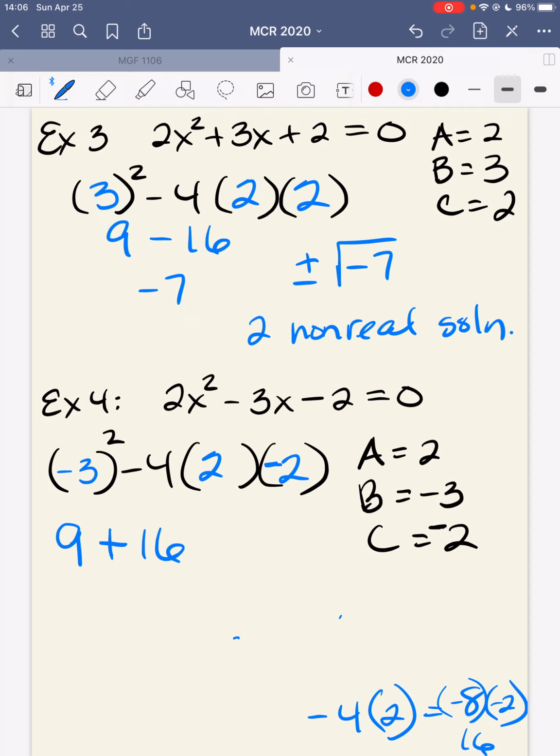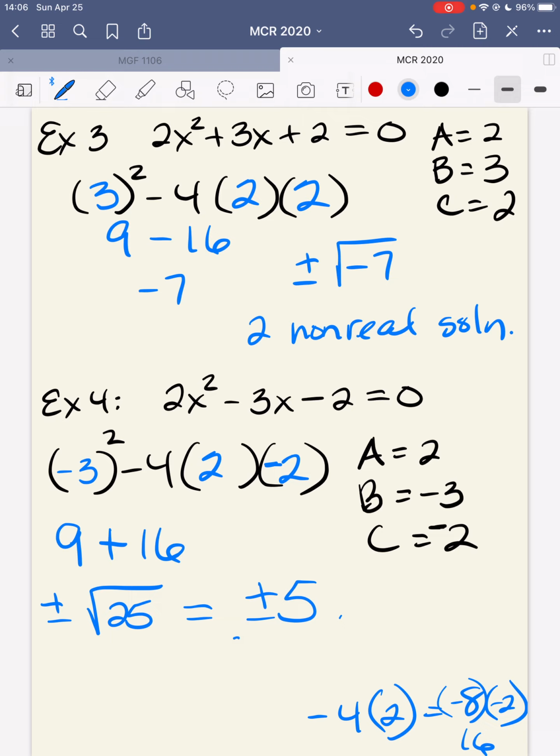So now I have 9 plus 16, which gives me 25. And I have plus or minus the square root of 25, which is equal to plus or minus 5. So it does make a difference where your signs are. And you've got to be really careful when you go ahead and put those signs in there.